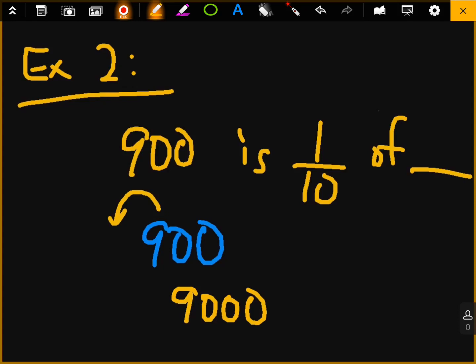And another way to check that is to say, okay, 900 divided by 1/10, my mistake, would equal 9,000. Okay, that's how you would do that.